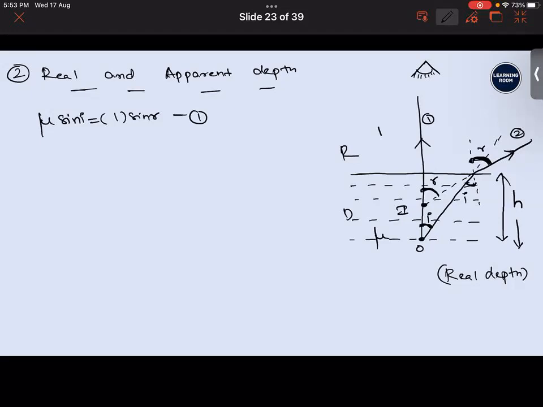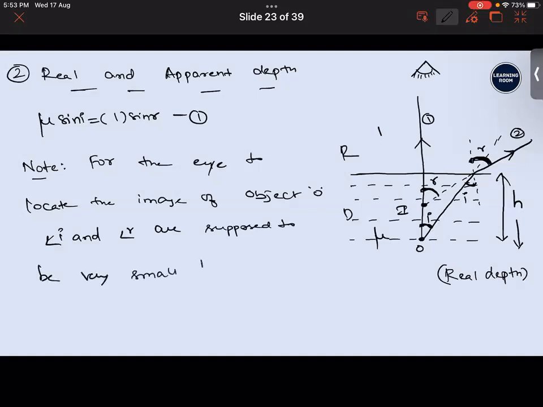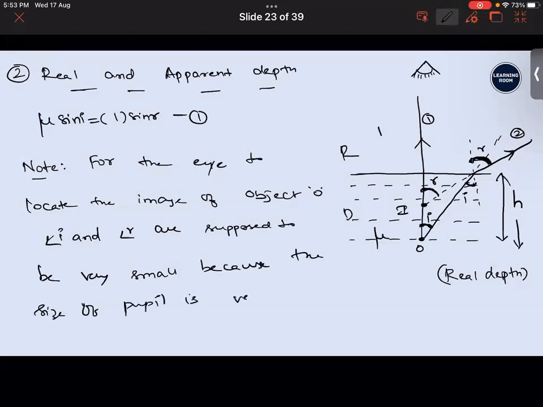Okay. So here an important note to be made is for the eye to locate the image of object O, angle I and angle R are supposed to be very small because the size of pupil is very small.